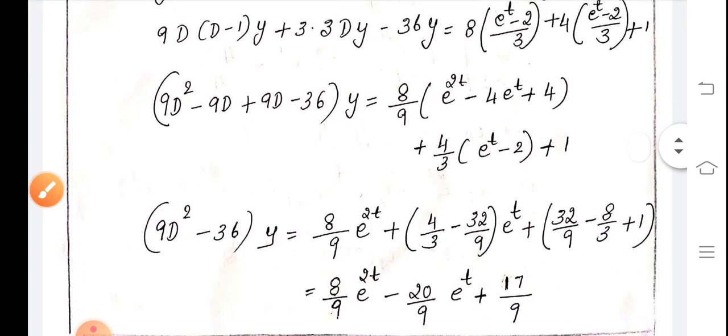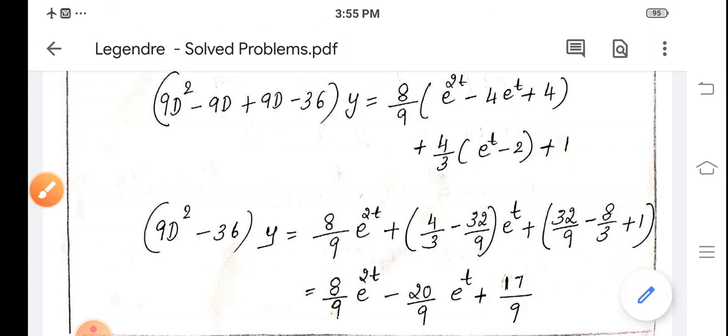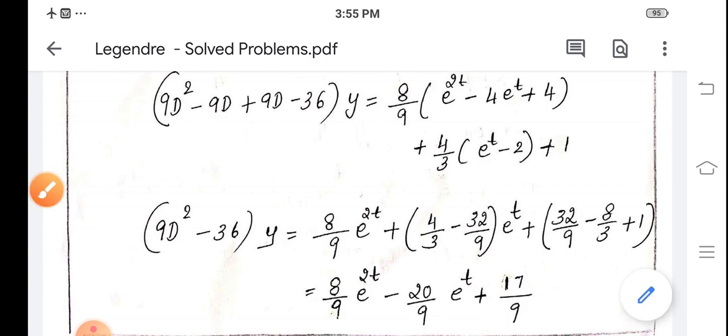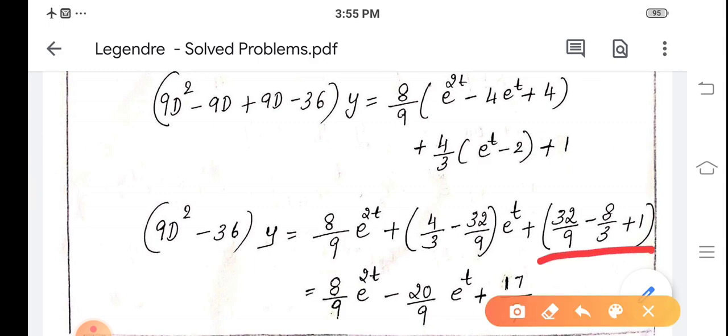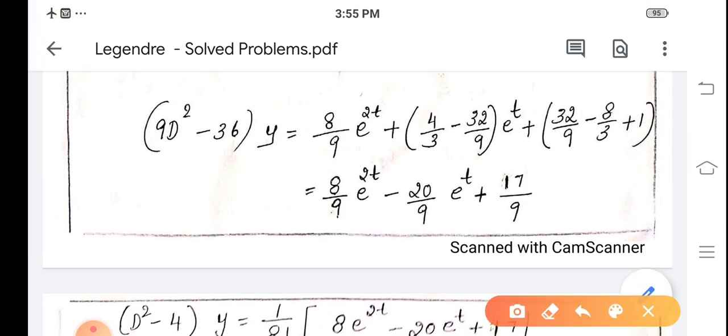That is (9D² − 36) y equal to 8/9 e^2t plus, if we club the coefficients of e^t, it becomes (4/3 − 32/9) e^t, plus the constant term 32/9 − 8/3 + 1. So when we simplify the right hand side, it becomes 8/9 e^2t − 20/9 e^t + 17/9.